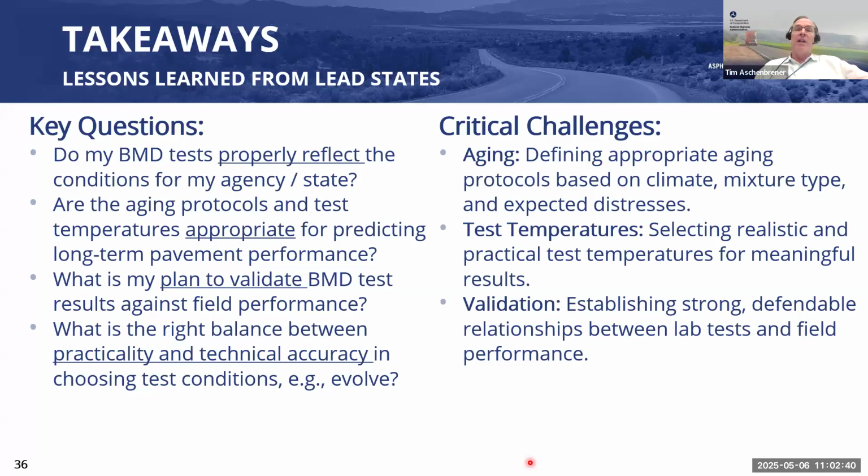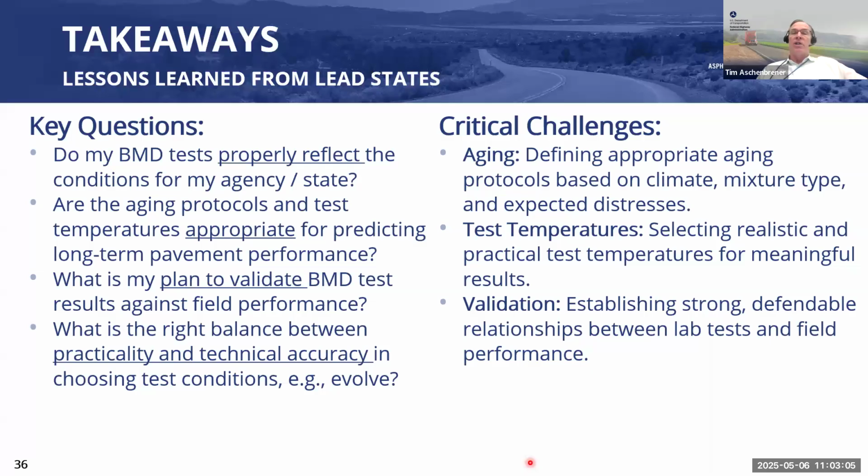So the critical challenges we discussed: aging, defining the appropriate aging based on your climate, mix type, and distresses. Those test temperatures, making sure things are practical and useful, but then relate to performance, and then validation. Not just validation initially, but ongoing validation as you go through the process.